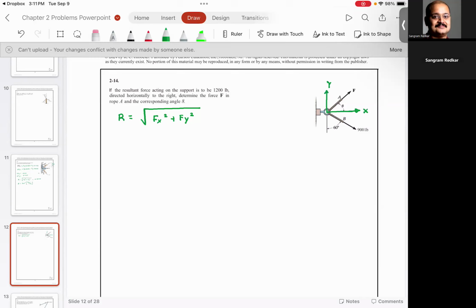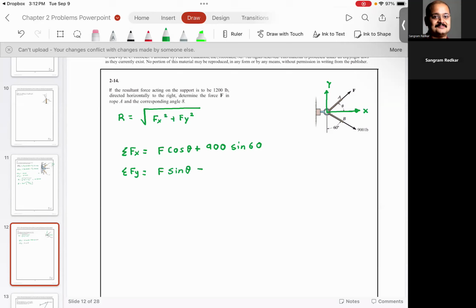Summation of F of x is equal to F cosine of theta plus 900 sine of 60. Summation F of y is equal to F sine theta.